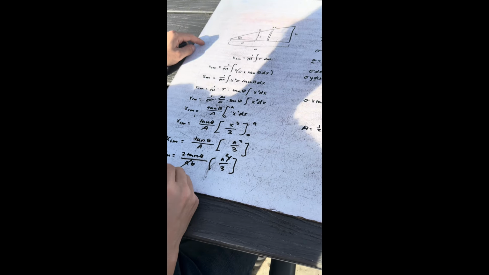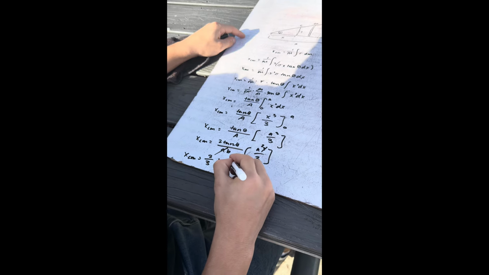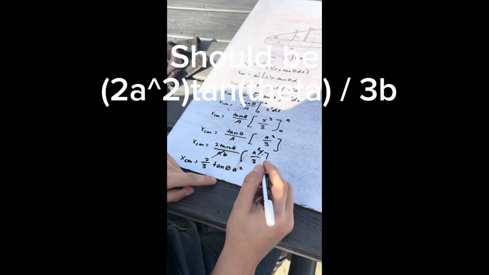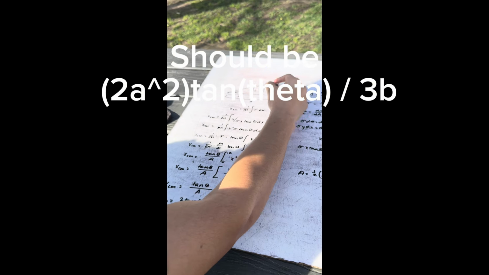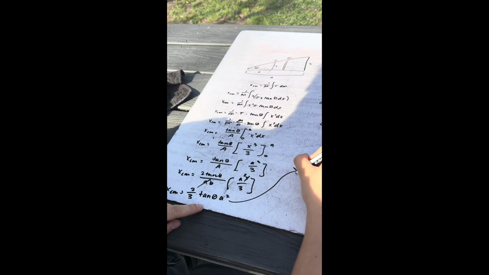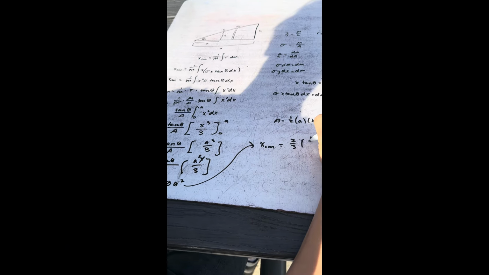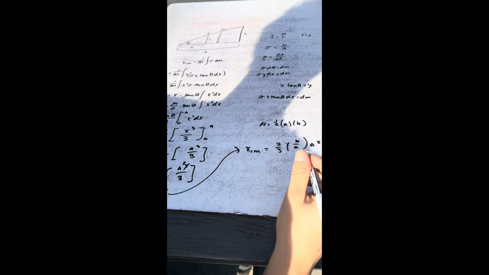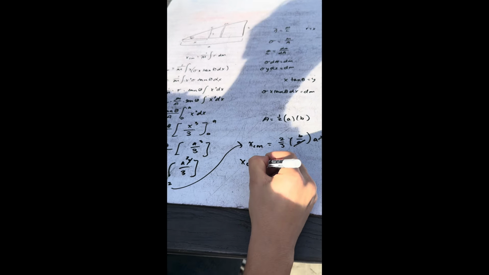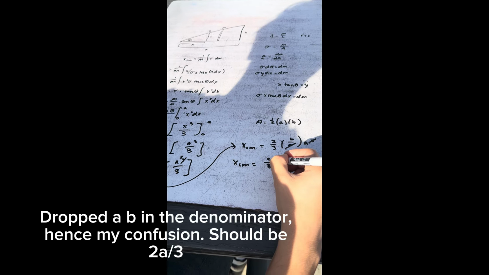So we have x center of mass equals 2/3 tangent theta times a squared. We also know that tangent theta, y over x, is the same thing as b over a. So we can make that substitution right here. We can say x center of mass is equal to 2/3 b over a times a squared, where this a cancels out, so we'll get the x center of mass is equal to 2/3 of a.